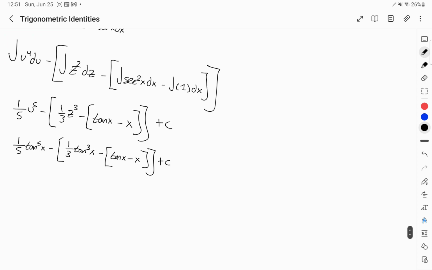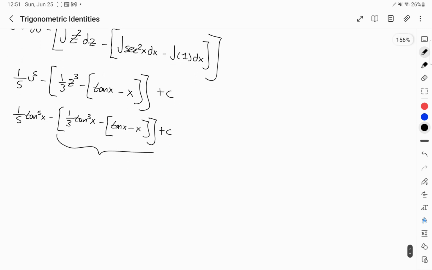And now distributing the negative, the negative is going to distribute and distribute. So if we distribute what's inside the parentheses first, we shall have a 1/3 tangent cubed of x minus tangent of x plus c.